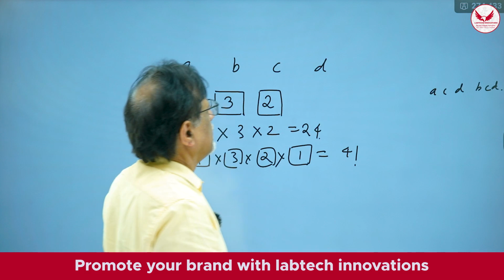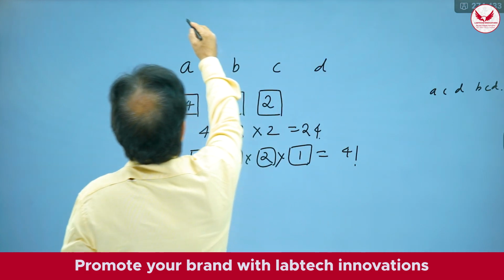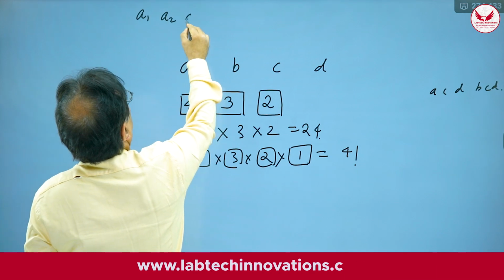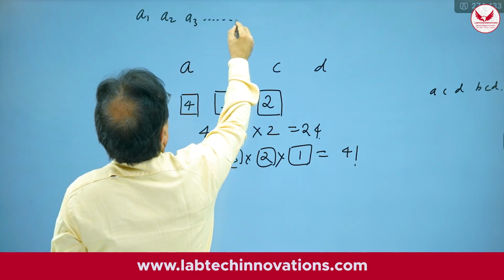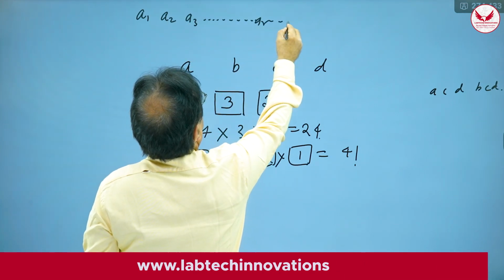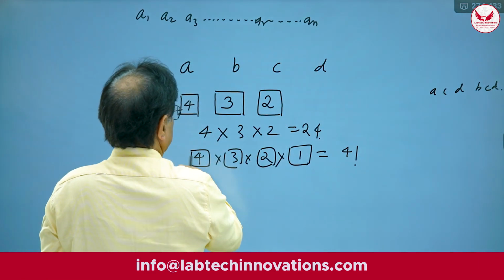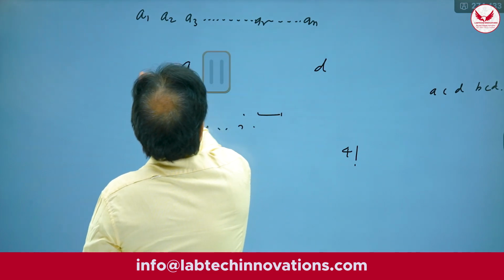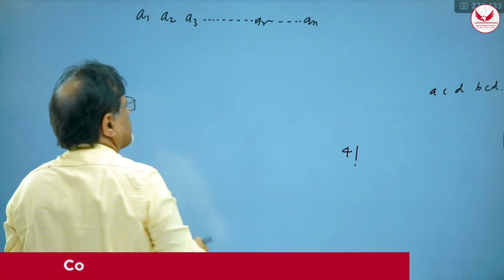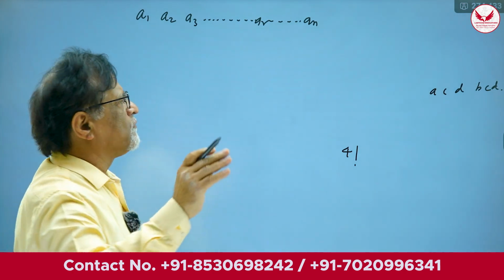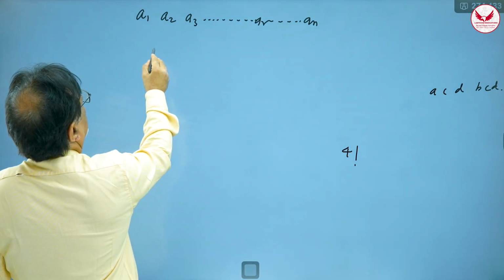So in general, if I have n objects, A1, A2, A3, and so on, n objects are there, okay? Now, out of these n objects, I want to arrange r objects. It is equivalent to doing r jobs or filling up r places.